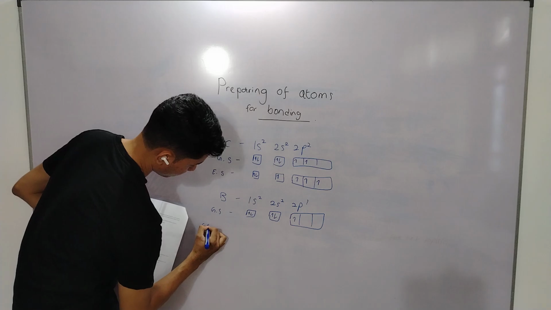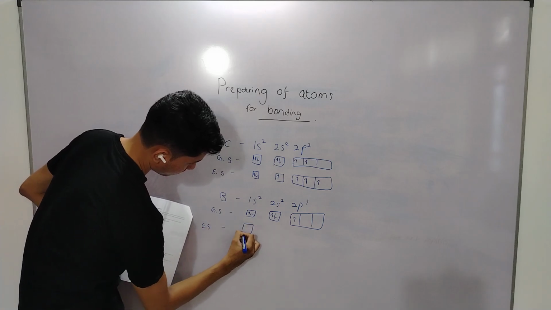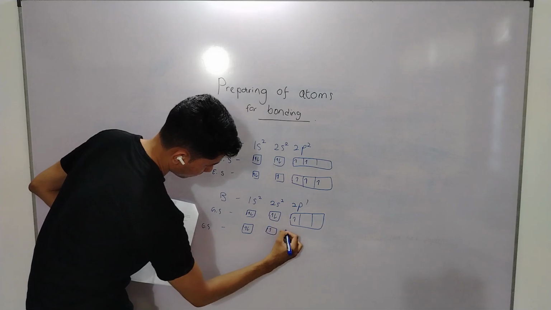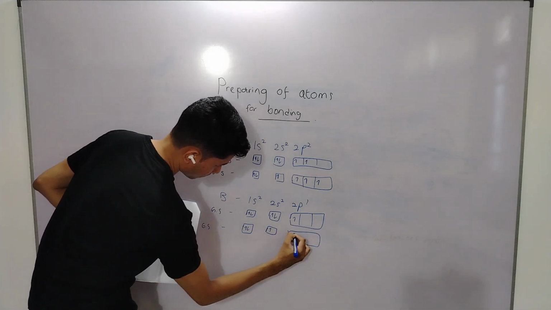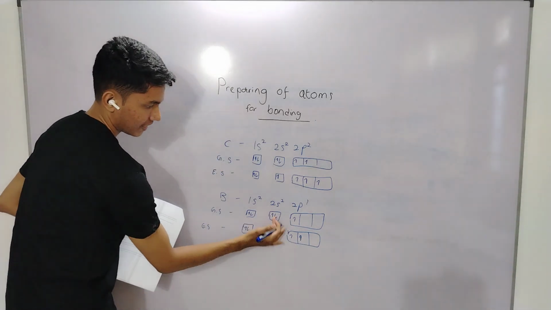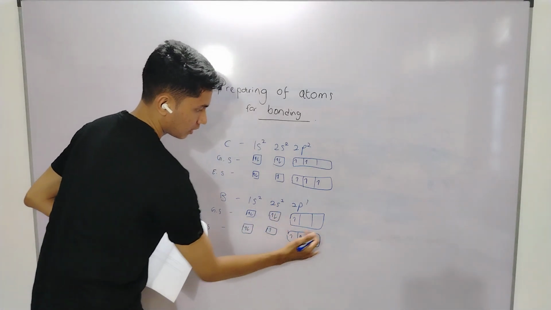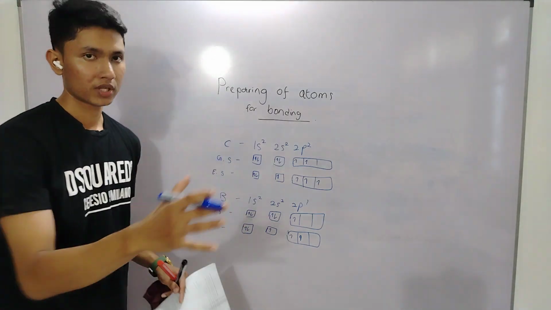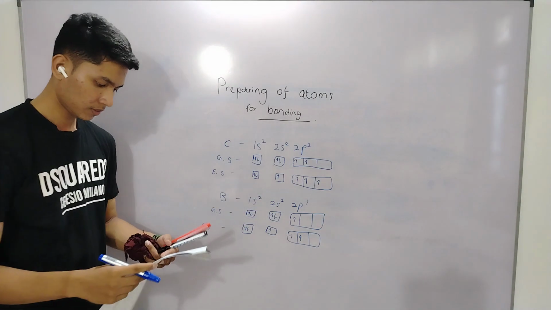Excited state. See, I transferred an electron from a completely filled orbital to an empty orbital of the same energy level. Okay, you can pause the video and write the examples down.